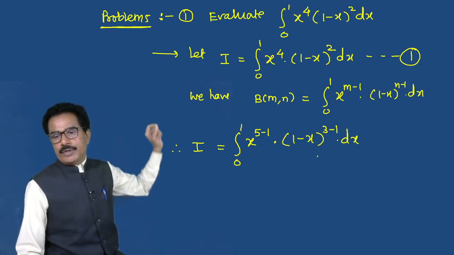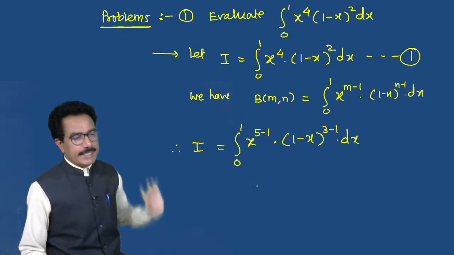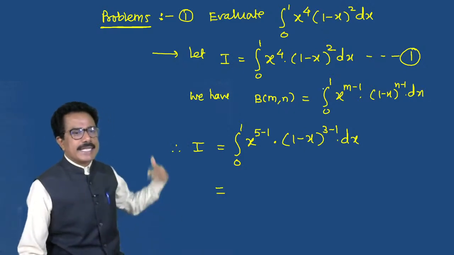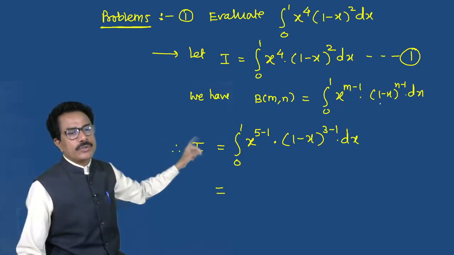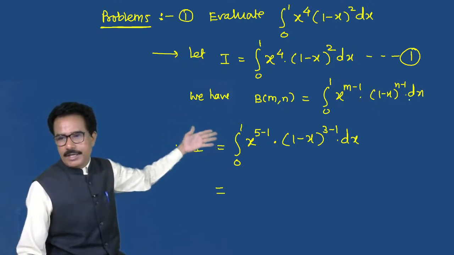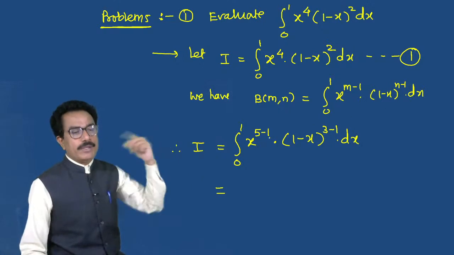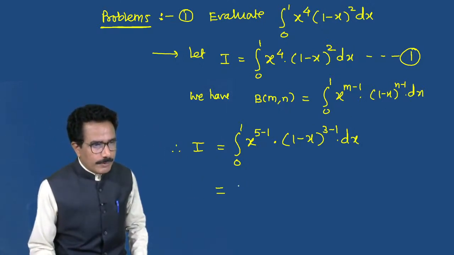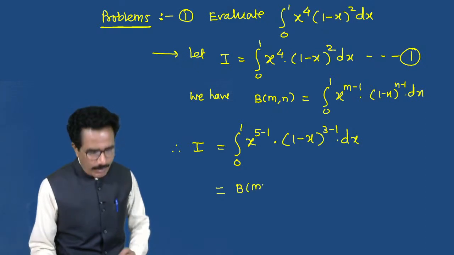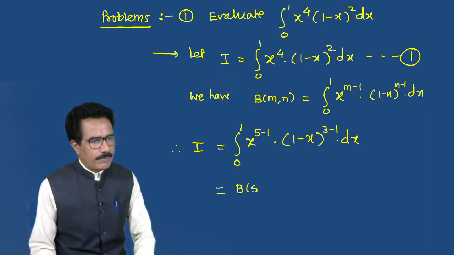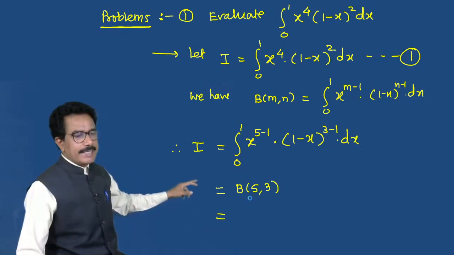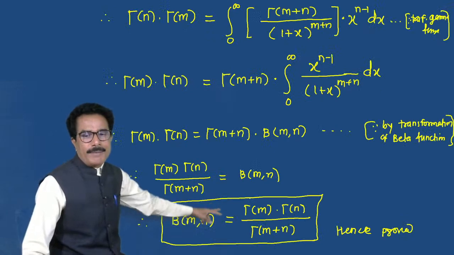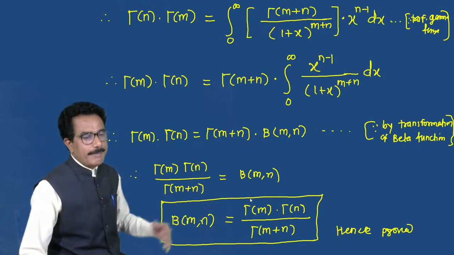Now who can tell me what is the value of m here and n here? So this is like a beta integral from 0 to 1 x raised to m minus 1 into 1 minus x raised to n minus 1 dx. So we can write m means 5, n means 3. So we can write beta of m comma n, m comma n means 5 comma 3. But we can write beta m comma n in the form of gamma m into gamma n divided by gamma m plus n.